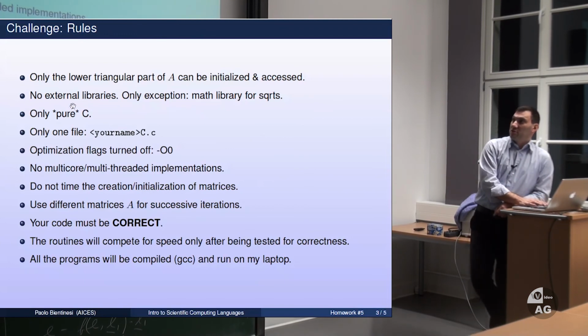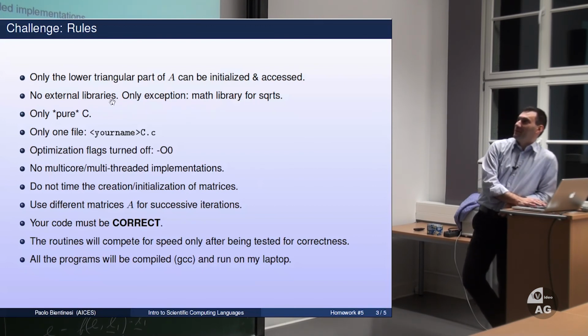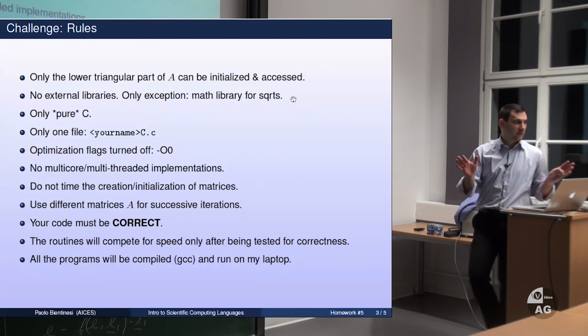So only pure C, so no C++, C Sharp, or... No external libraries. I am not sure if every C has the square root. So the only exception might be the math library to perform the square root, but no other external library.